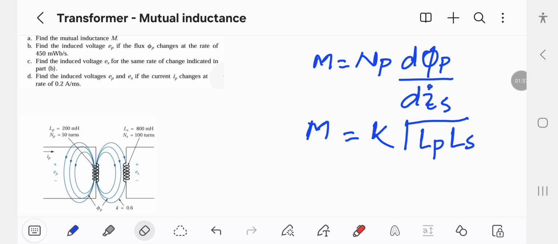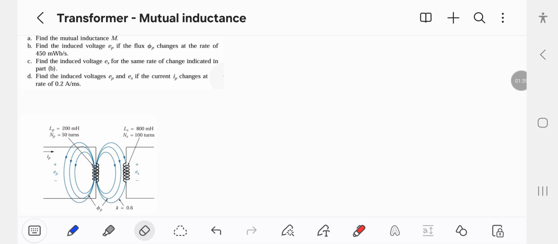We can easily use these formulas. Now start with formula number 2. Mutual inductance can be easily found.